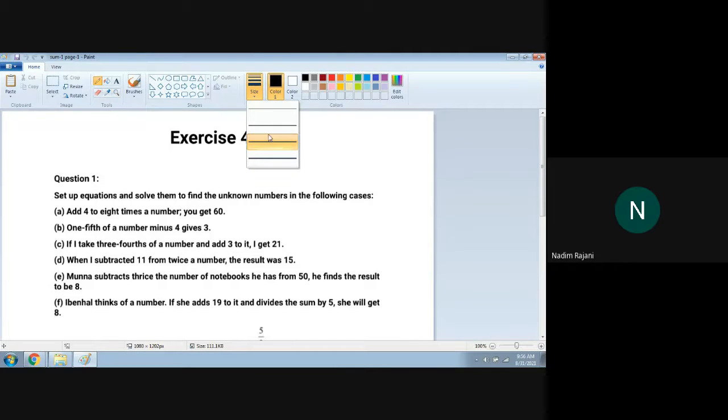Exercise 4.4, question number 1. Set up equation and solve them to find the unknown numbers in the following cases. Number A. Add 4 to 8 times a number, you get 60. Number B. Wait. 1/5 of a number. Wait. Let us solve the first equation.